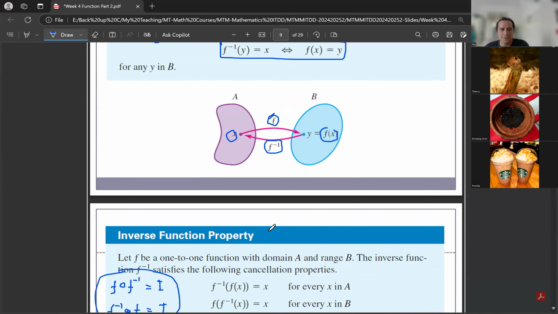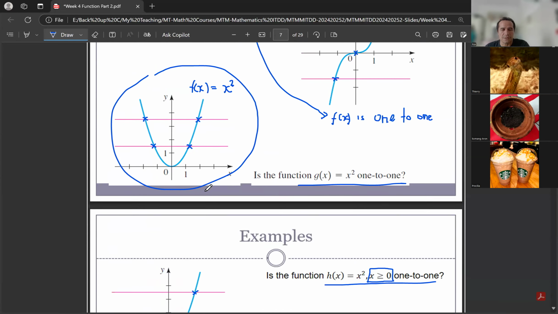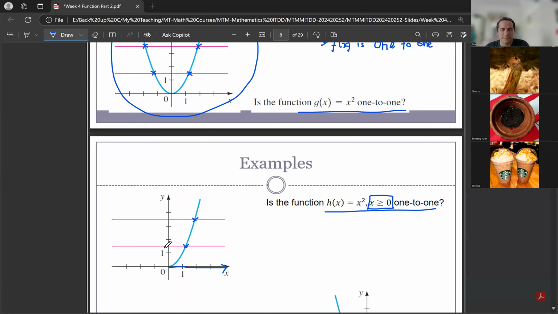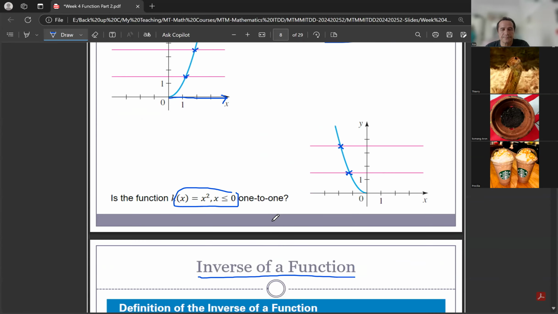So we don't have an inverse of this function. We only have an inverse after we have a limitation on this function. And of course, we can make the inverse of this function because this function is one-to-one.